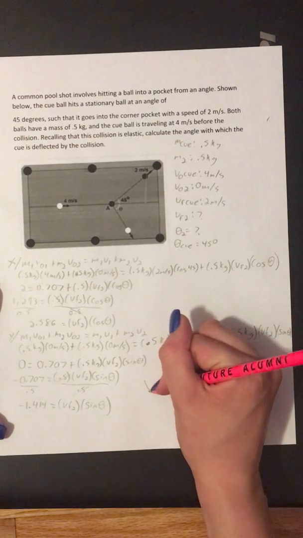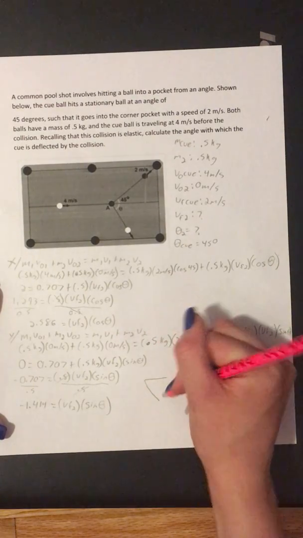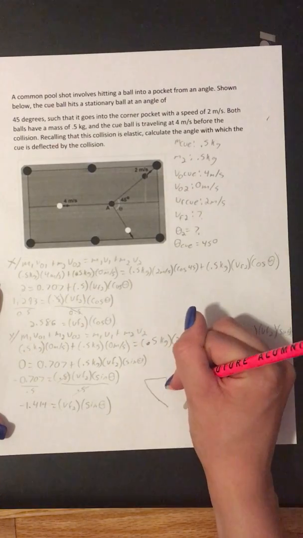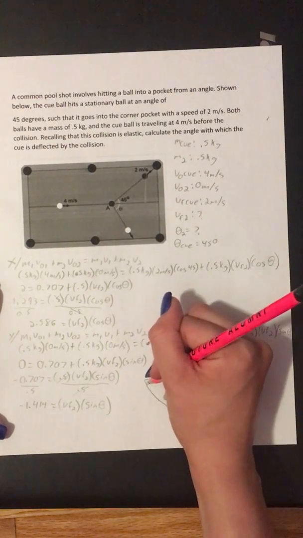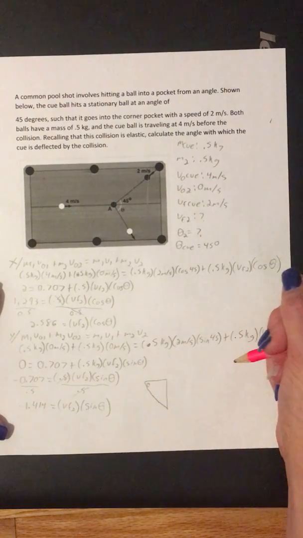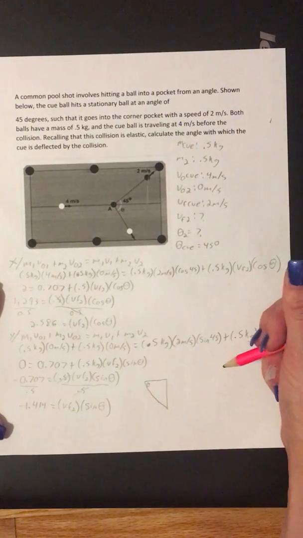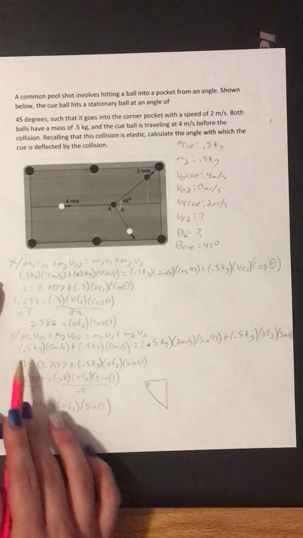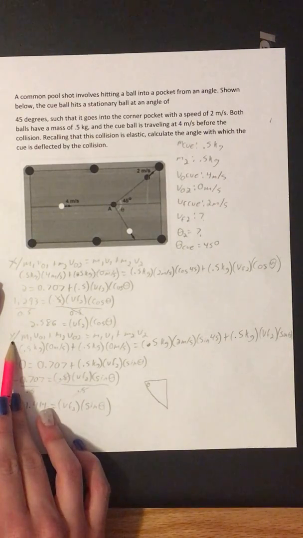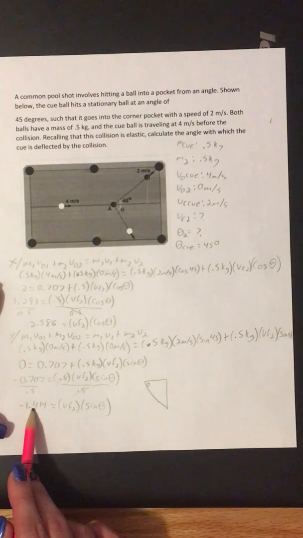So now when we look at what it is, a triangle. And this is what we were trying to find, is this here. Now, this might be a little tricky to see, but the y is this here.